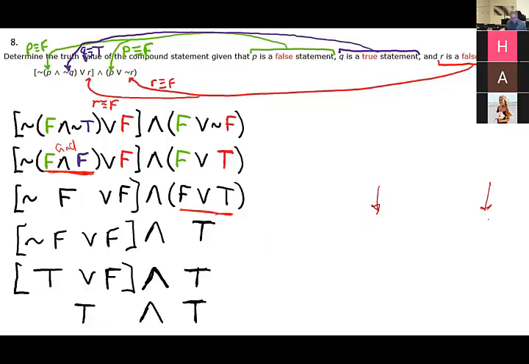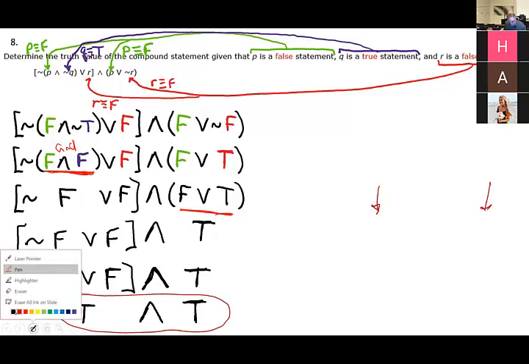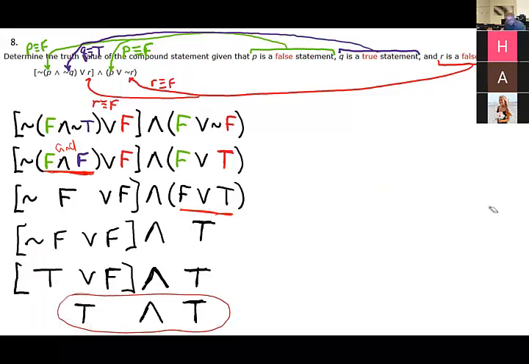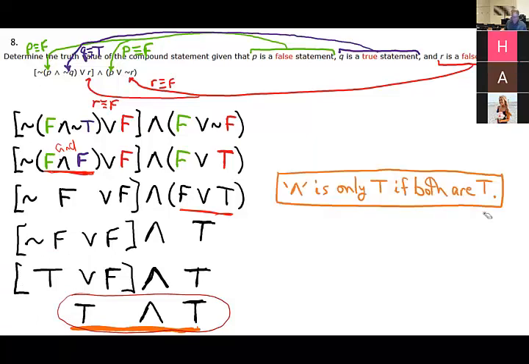And that takes me down to the very last statement. I'm down to the point where I just have true anded with true. Well, what's the memory aid for "and"? It's only true if they're both true. Well, they are both true. That's the only case an "and" is true, so the final answer would be true.